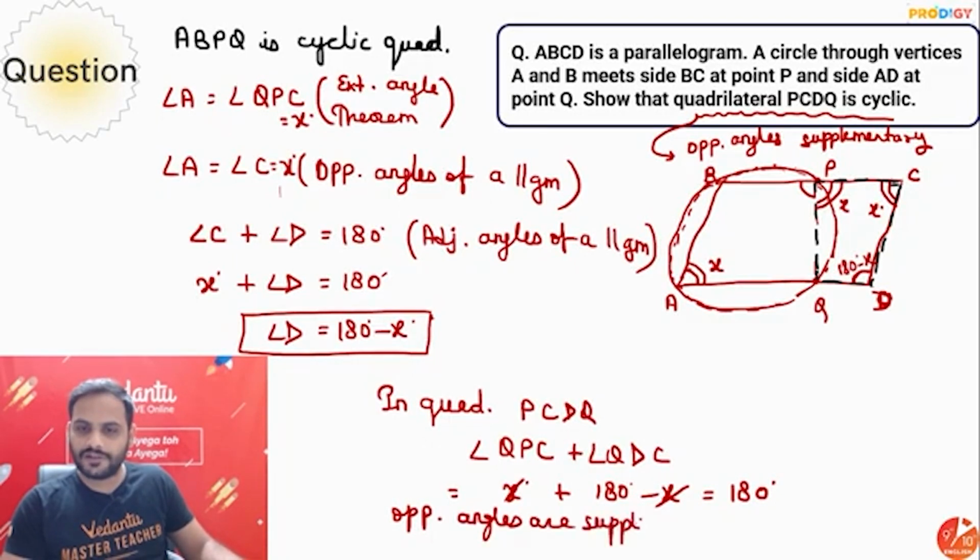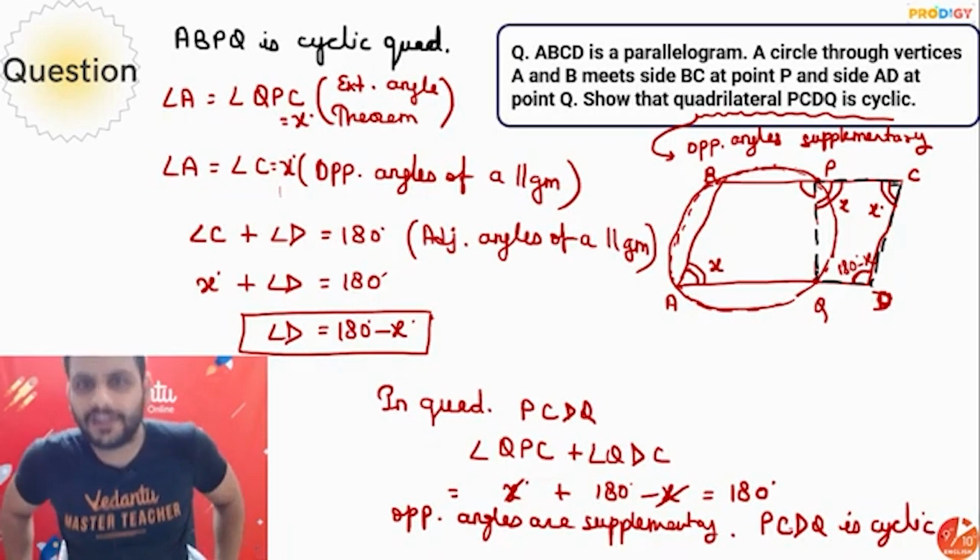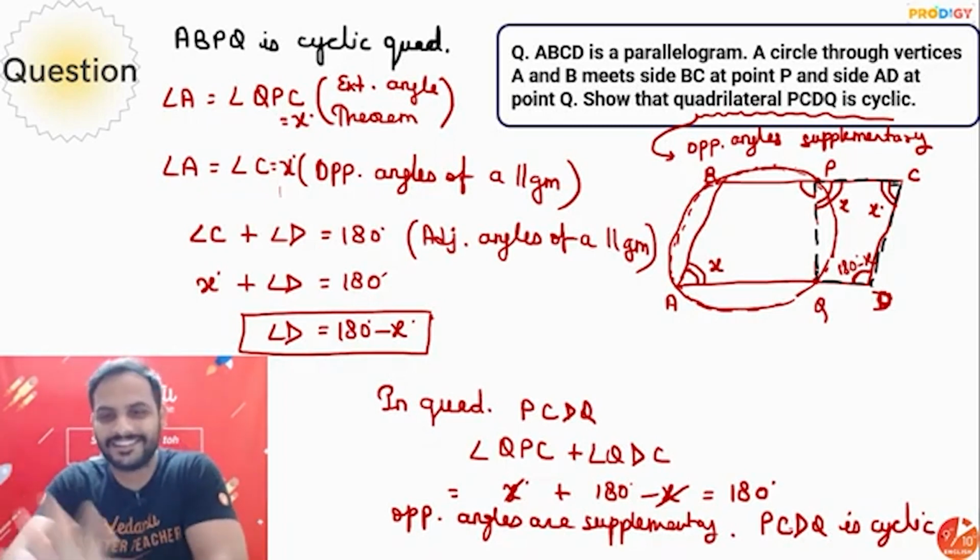And if opposite angles are supplementary, I can say PCDQ is a cyclic quadrilateral. So it's all about proving the opposite angles supplementary, nothing else. This is all it is about.